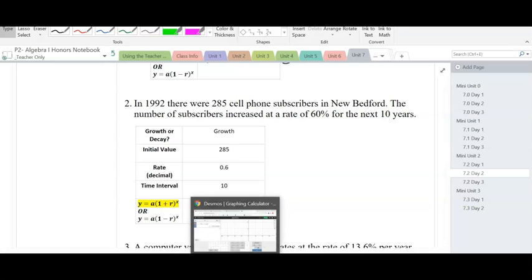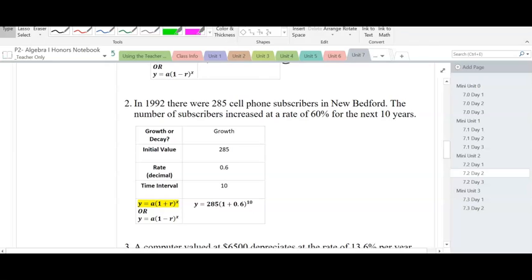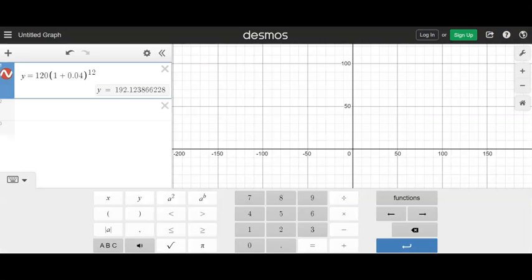So I'm going to switch back to Desmos, and I'll exit out this one and rewrite our new equation. So we had y was equal to 285, in parentheses we had 1 plus 0.6. And again, I'm going to do the exponent with just x, so I'm not putting our time interval in yet. So here in blue, we can see our graph.